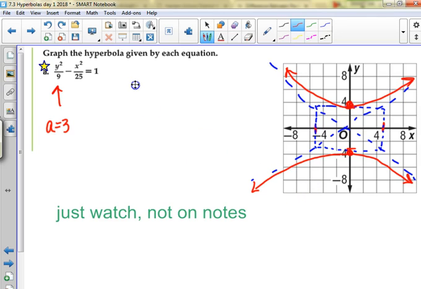All right, the things you would need to tell me are the vertices, which were up here at 3 and -3. You would need to tell me the asymptotes. Now, I'm going to let you write the equations of asymptotes in y equals y point slope. Anybody remember point slope?